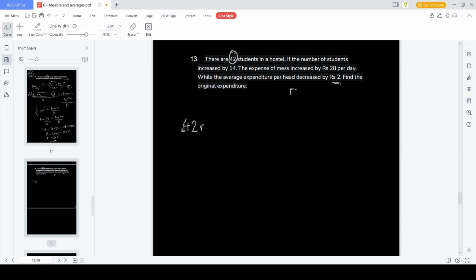The new expenditure of the mess is nothing but the new number of students, that is 56, into, not R but R minus 2, because it decreased by 2 rupees. This is nothing but 28 rupees more than the earlier one. So if you add 28 to this, these will become equal. That's all I need to know.